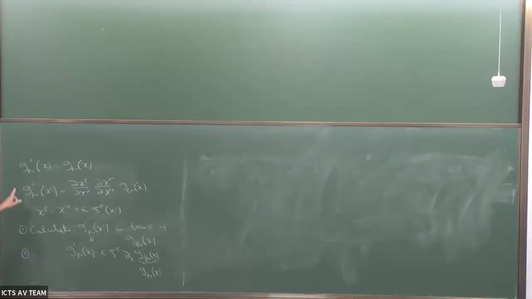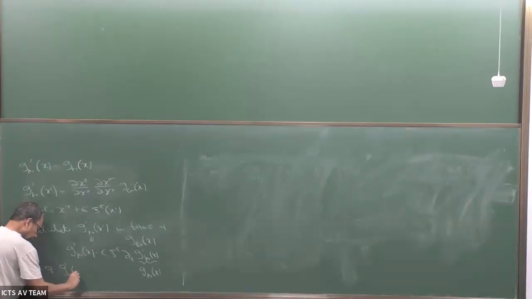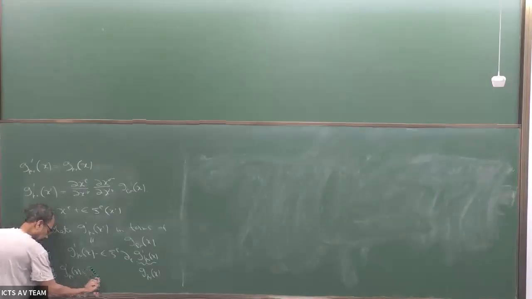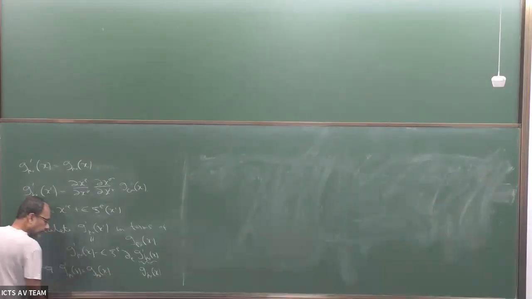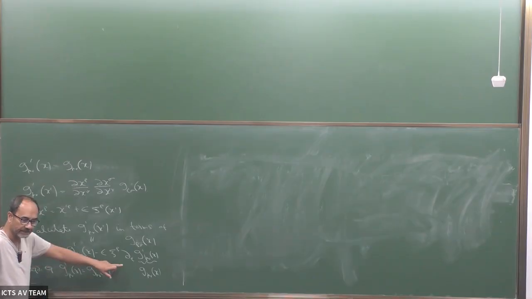And then we just compare this. So we need g'_{μν}(x) equal to g_{μν}(x). So the required equation is g'_{μν}(x) equal to g_{μν}(x), because that's the meaning of isometry. And then you just compare the two sides. You have calculated g'_{μν}(x) explicitly.